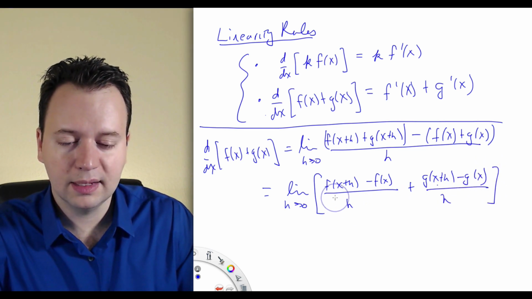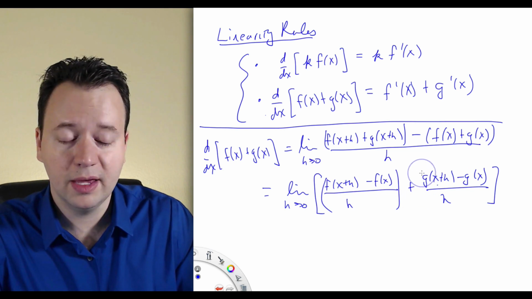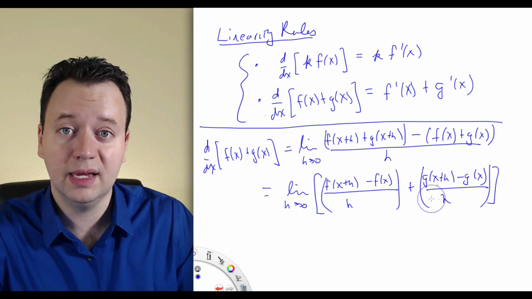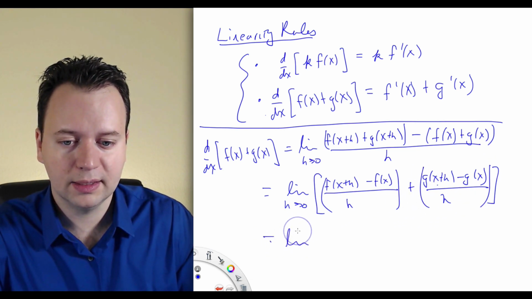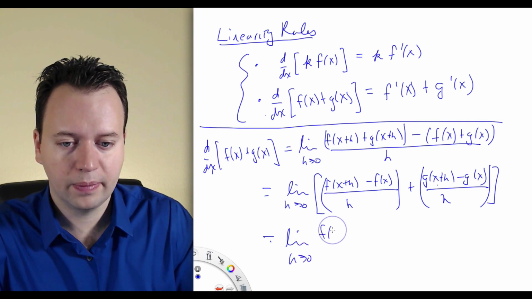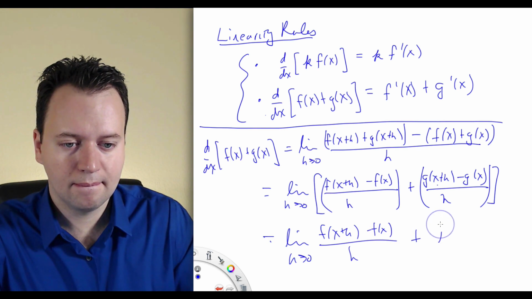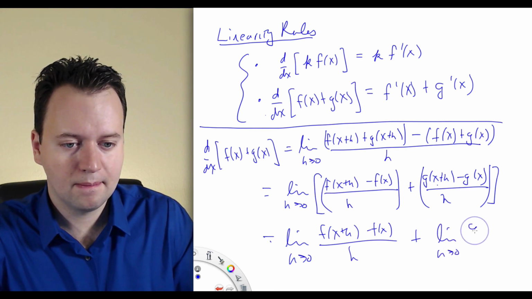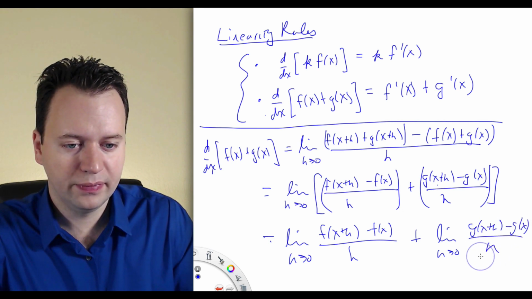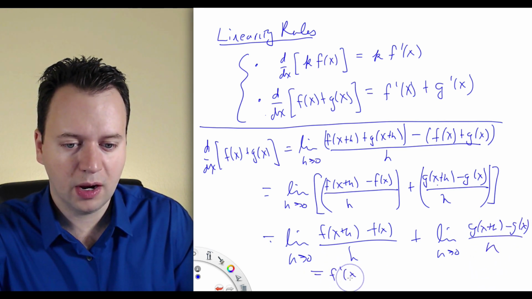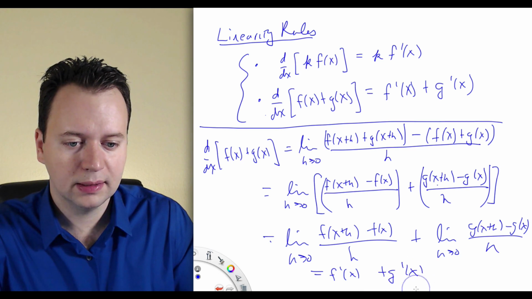Now, as long as this limit and this limit both exist, you can separate the limits, just like this. And then this is, of course, just equal to f prime of x plus g prime of x, just like that.